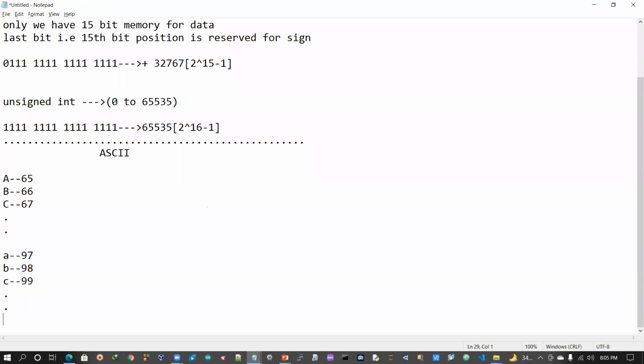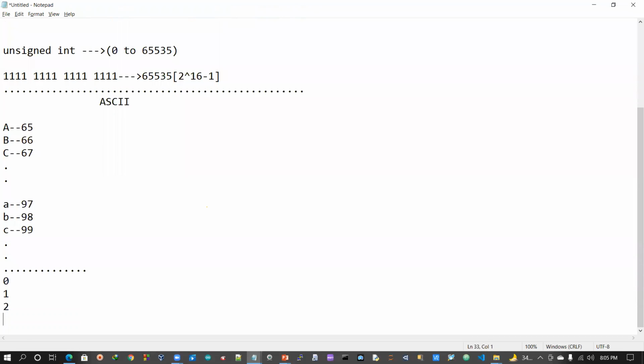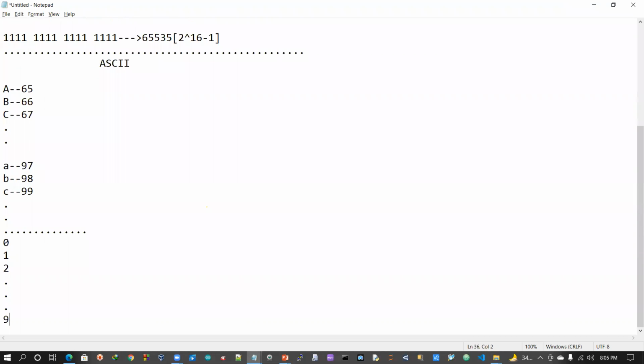Not only these, even for the digits 0, 1, 2, up to the last one, 9, we have associated ASCII numbers.